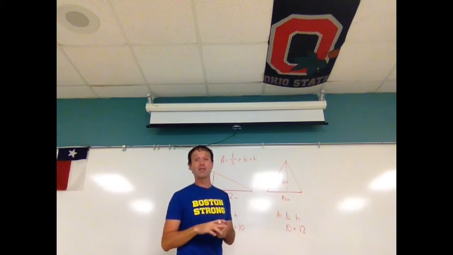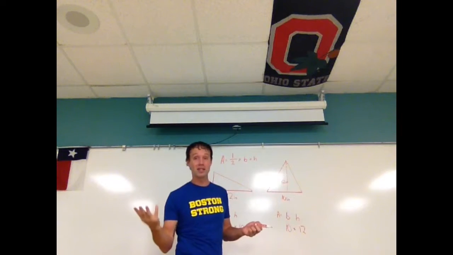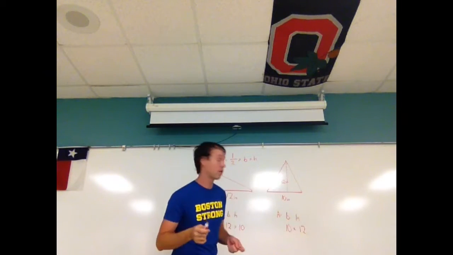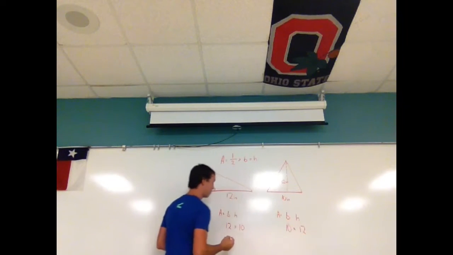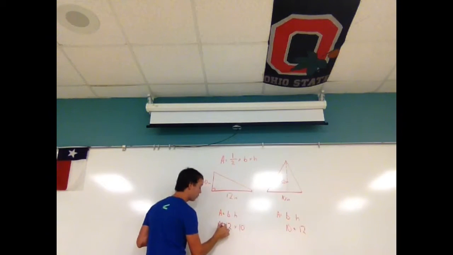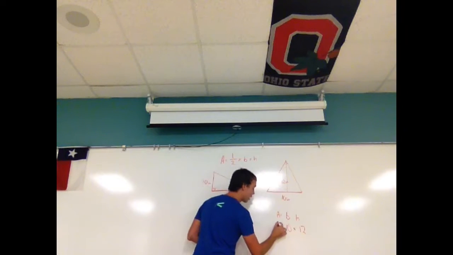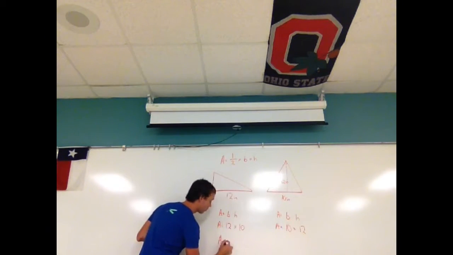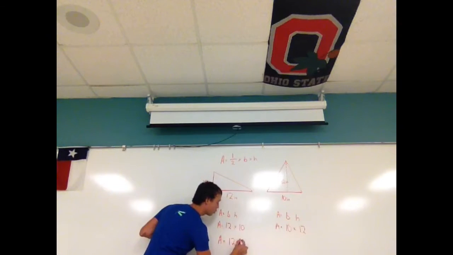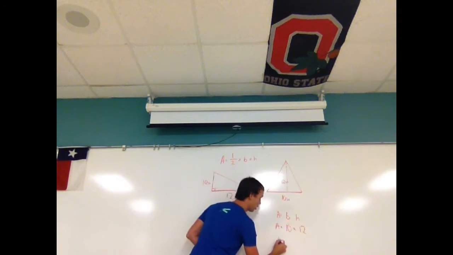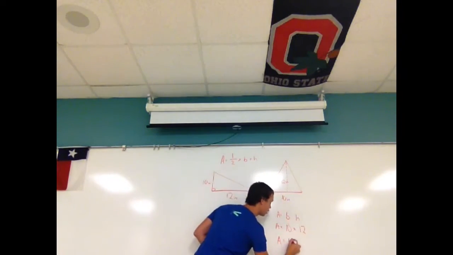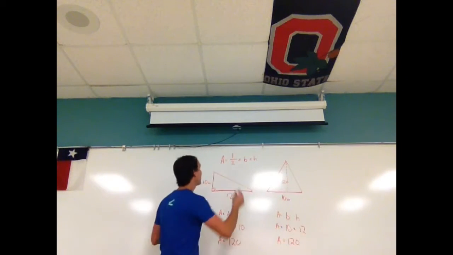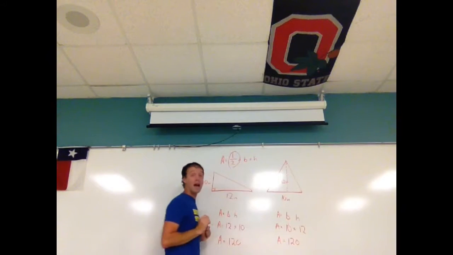Kind of like if we have 2 times 3, we know that's 6, and if we have 3 times 2, we know that's also 6. So this answer is going to be the same. If I multiply 12 times 10, or 10 times 12, I'm going to get an area of 120. And same over here, 10 times 12 is 120. The most important part comes into play now, that 1/2.